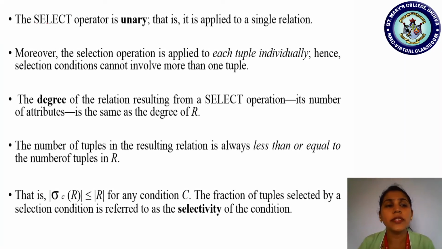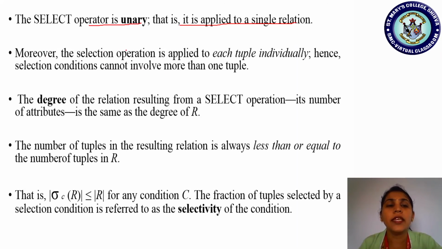So to conclude, the select operator is unary, that is, it is applied to a single relation. As I initially told, the select operator is a unary relational algebraic operator which is actually used to apply only to a single relation. Moreover, the selection operation is applied to each tuple individually, hence the selection condition cannot involve more than one tuple.